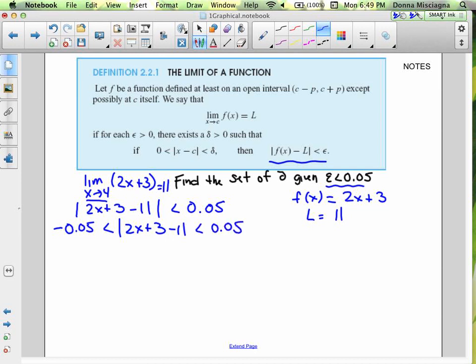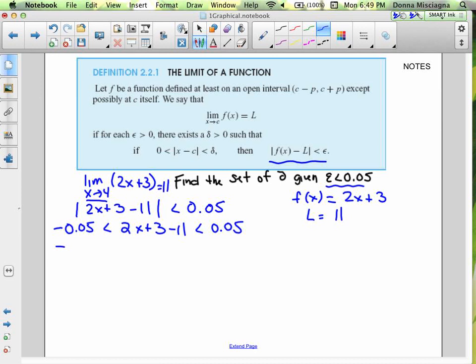When we rewrite it from absolute value bars, we no longer have the absolute value bars, and instead we change our value to being between the negative and the positive.